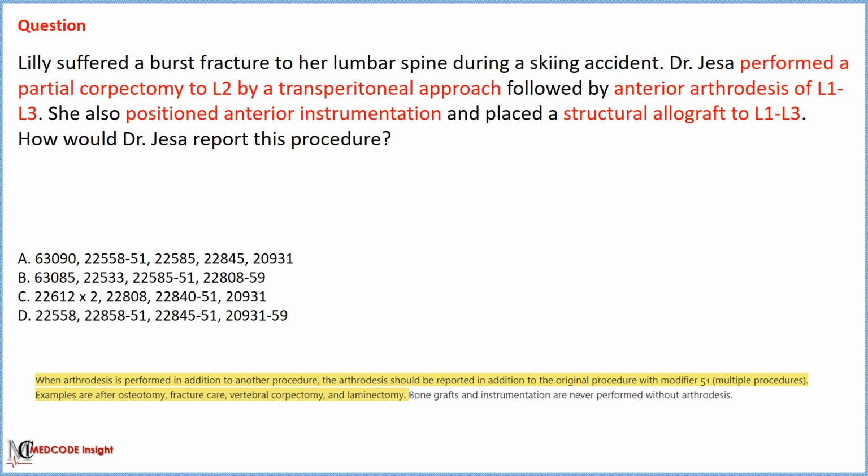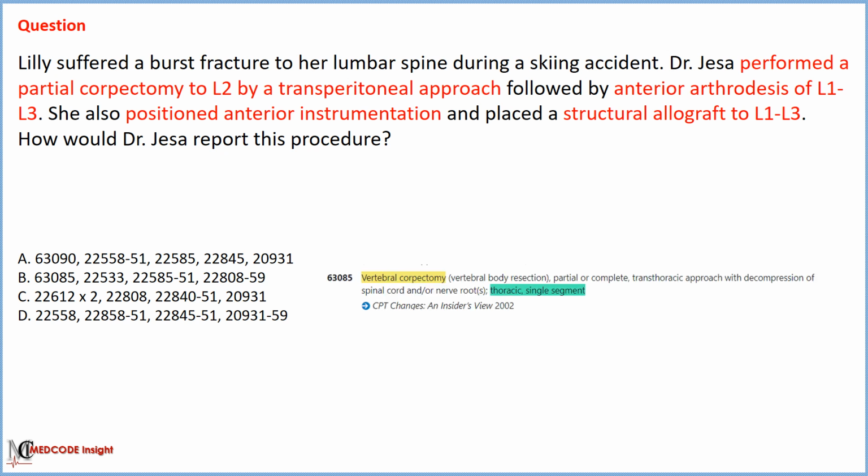To verify this, we will analyze the code descriptions provided in the other options and demonstrate why they do not align with the procedure described. We eliminate option B because code 63085 is used for vertebral corpectomy, partial or complete, with a transthoracic approach to the thoracic segment, and also based on the modifier used with instrumentation and bone graft codes.